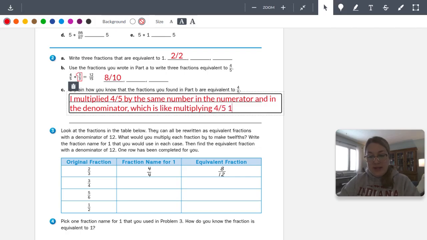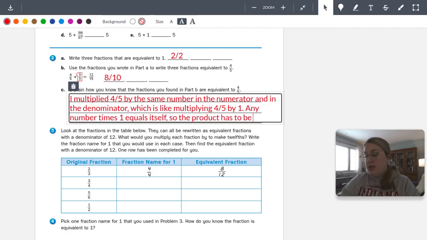So just like what I had said, any number times 1 equals itself, which is what I said earlier, right? So the product has to be equivalent to 4/5.